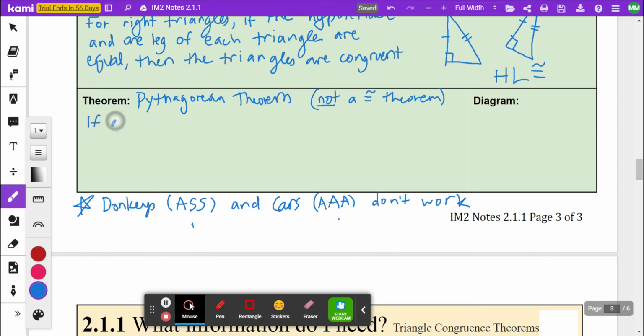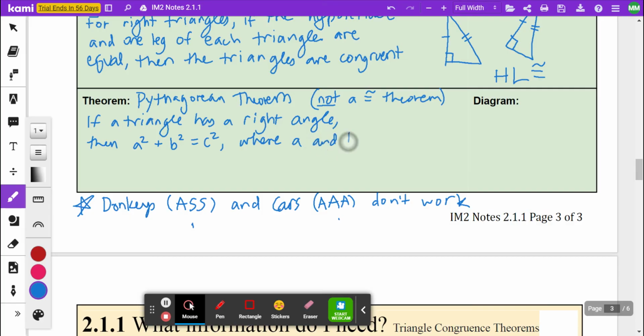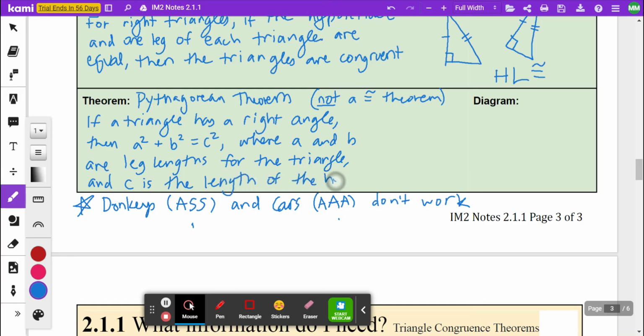So if a triangle has a right angle, then a squared plus b squared equals c squared, where a and b are leg lengths for the triangle, and c is the length of the hypotenuse.